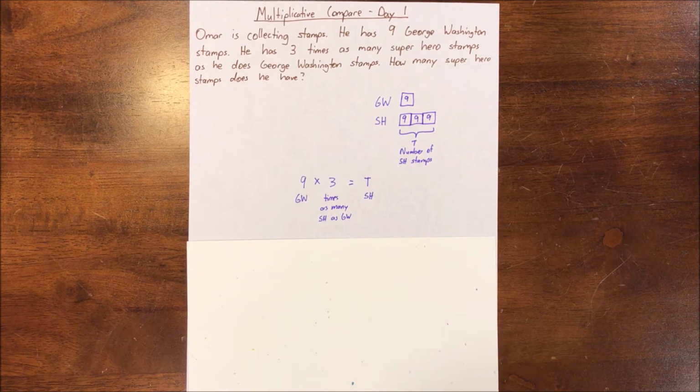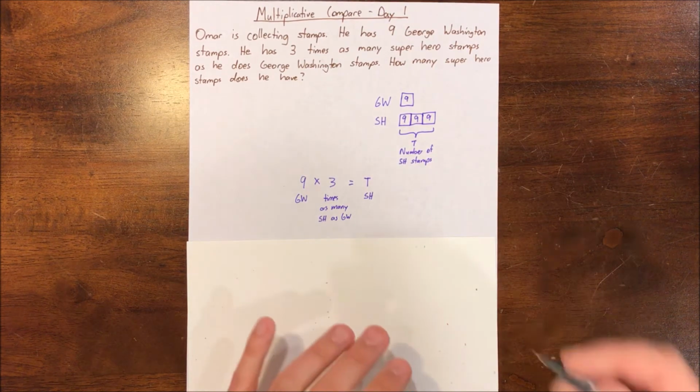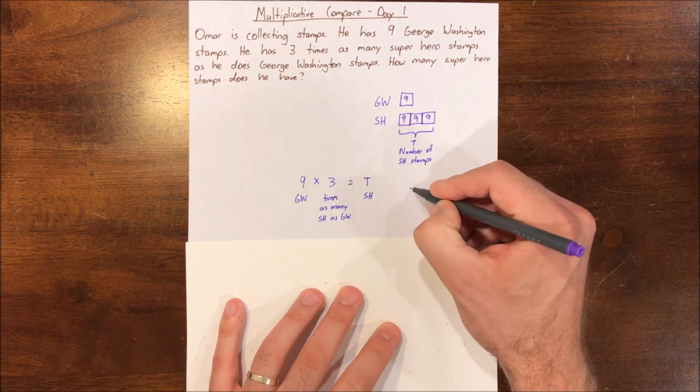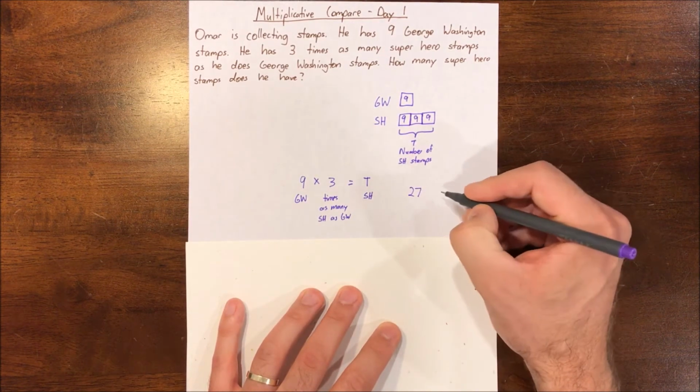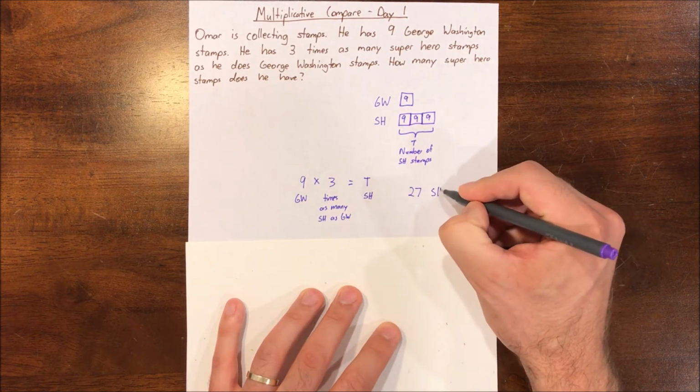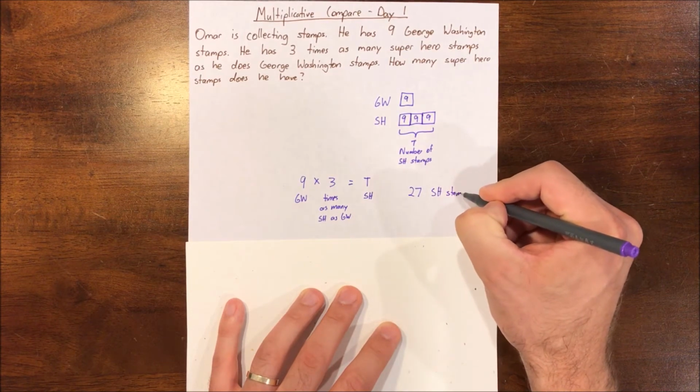Because the problem said he has 3 times as many superhero stamps as the other kind. So that means there are 3 times more superhero stamps than George Washington stamps. So how many superhero stamps are there? Say it out loud. Yeah, there are 27. 9 times 3 is 27 superhero stamps.